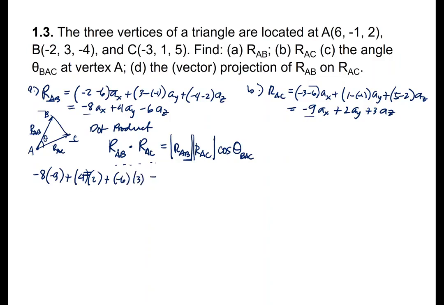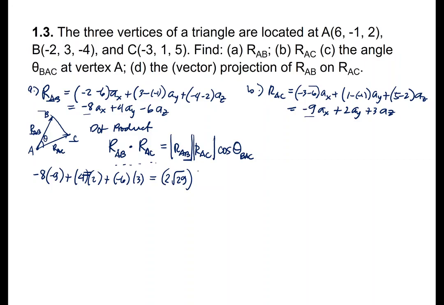Then this equals the magnitudes. We can use our calculator directly to get the magnitude. You have 8 squared plus 4 squared plus -6 squared, so you have 2 square root of 29. The magnitude is just the sum of the squares of each element, then the square root.